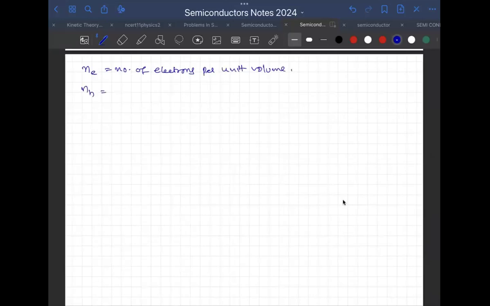Similarly, when I am writing NH, I am representing the number of holes per unit volume.